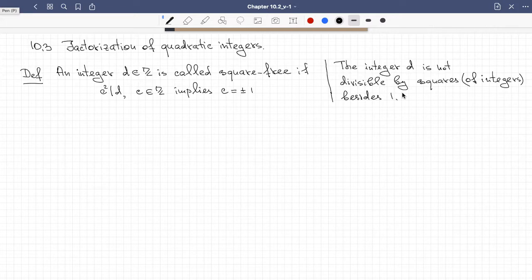And from now on, we will assume for the rest of this section that the integer d is square free.